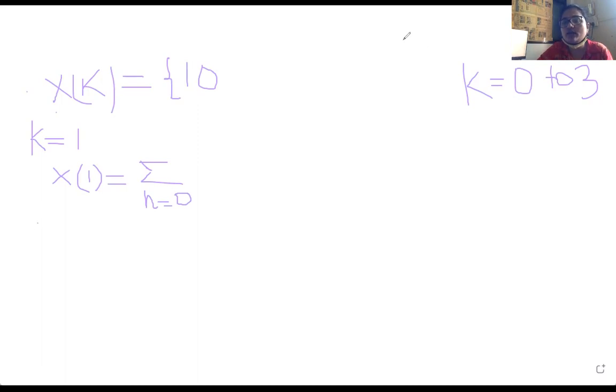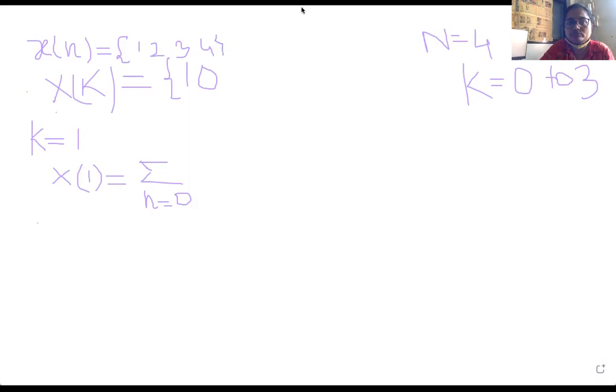In this case, the value of capital N was 4, because what is my input sequence? x of n is equal to 1, 2, 3 and 4. So this is my input sequence, x of n.